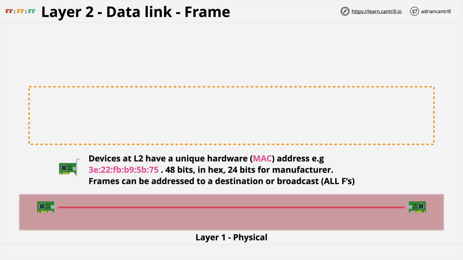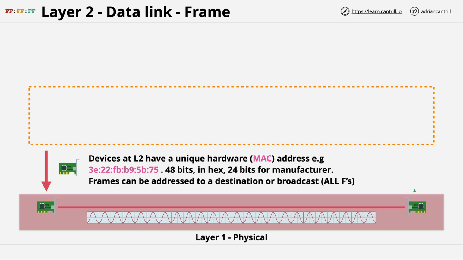Now layer 2, as I've mentioned, uses layer 1. This means that a layer 2 or Ethernet frame can be transmitted onto the shared physical medium by layer 1. This means that it's converted into voltages, RF or light, it's sent across the medium and then received by other devices also connected to that shared medium. It's important to understand this distinction.